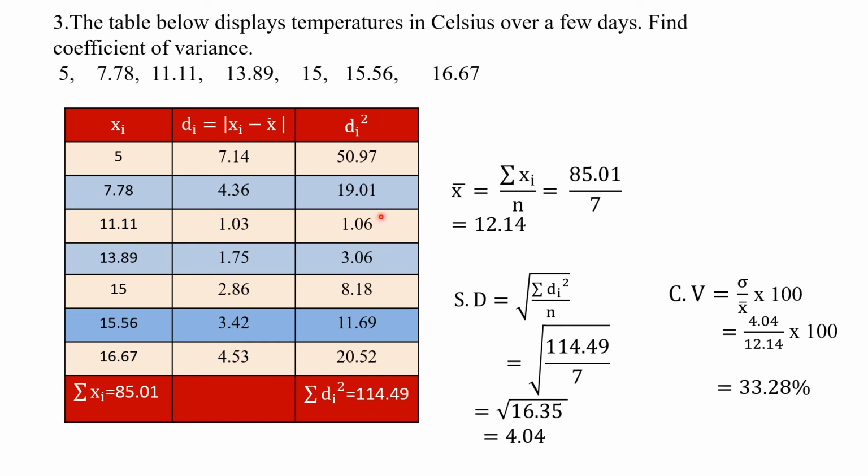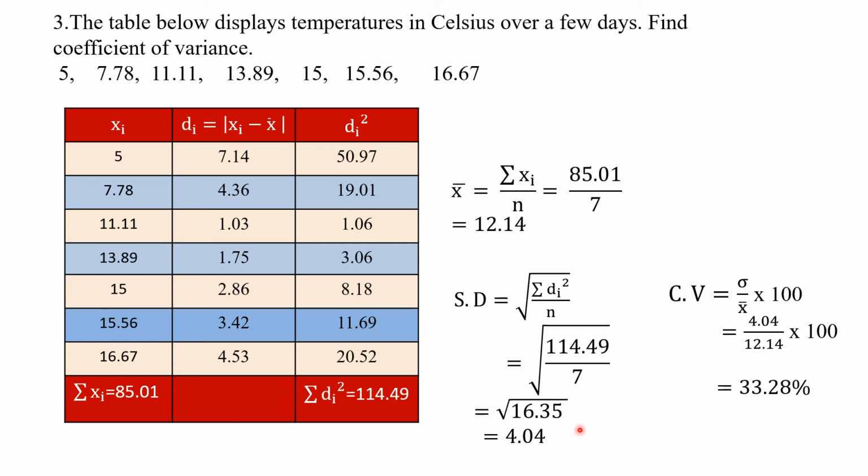Let us sum up all these di squares, which gives us 114.49. So SD, standard deviation, is equal to square root of summation di square upon n, which is equal to square root of 114.49 upon 7, which is equal to square root of 16.35, and that is 4.04.